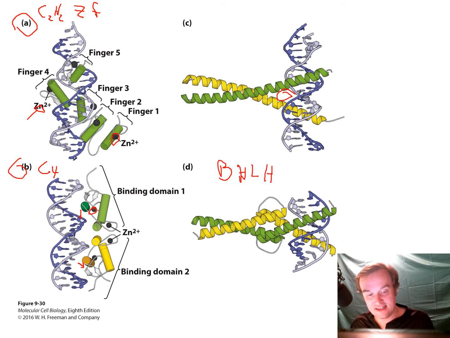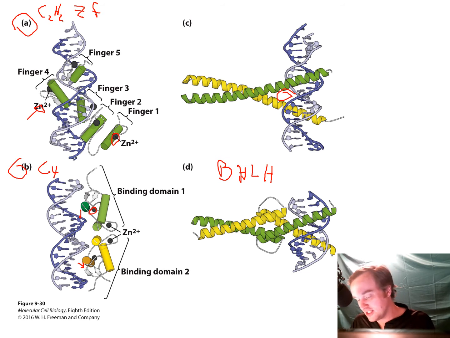And these proteins have DNA binding helices at the N-terminal of the monomers and are separated by non-helical loops from these zinc finger or these leucine zipper regions.